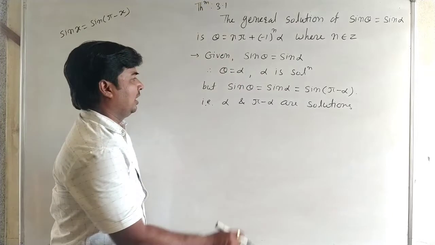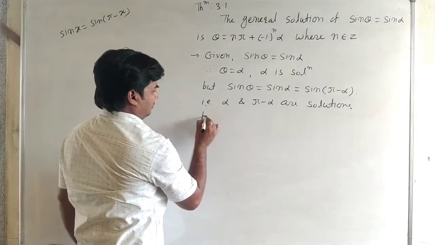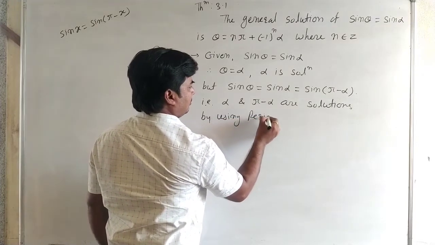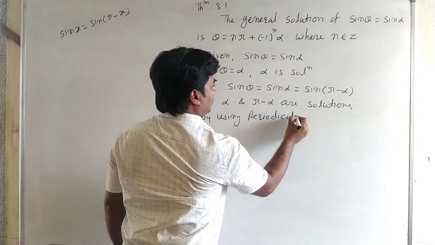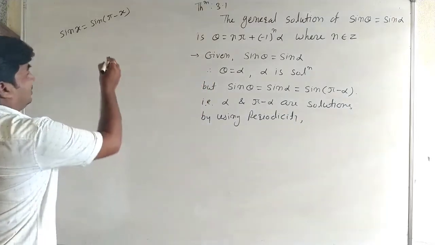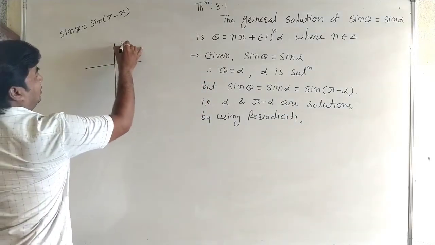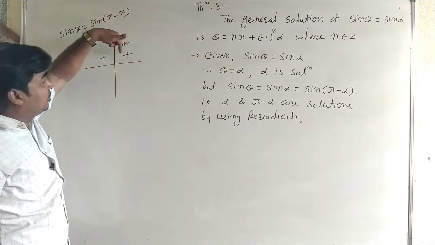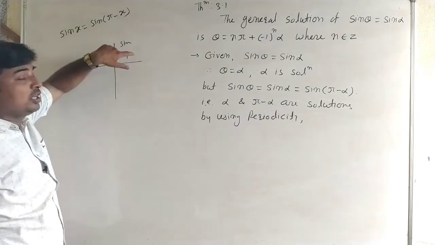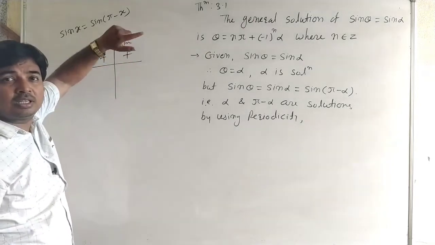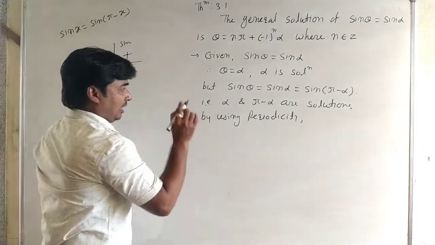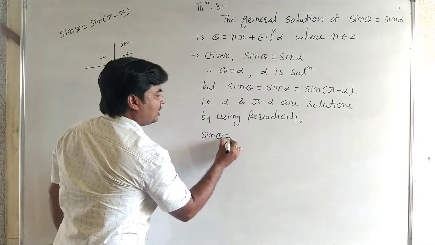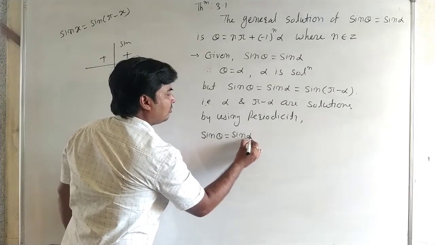Now here by using the periodicity, see carefully, here sin theta is positive. Sin is positive in the first and second quadrant. In the first quadrant it is an acute angle, or it is 2 pi plus theta, then 4 pi plus theta, then 6 pi plus theta. By using the periodicity, sin theta is equal to sin alpha, because alpha is a solution.